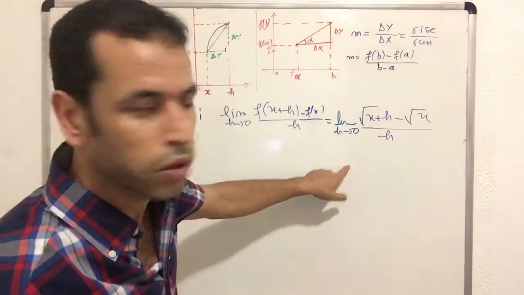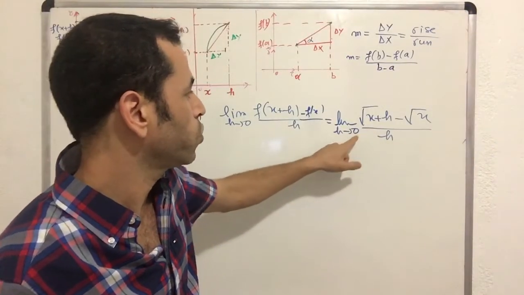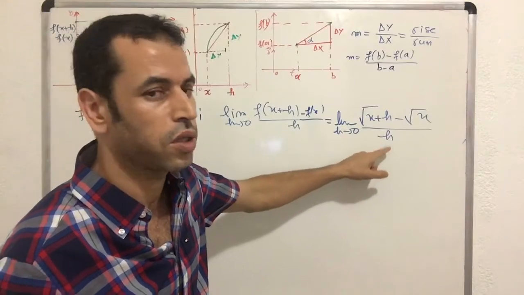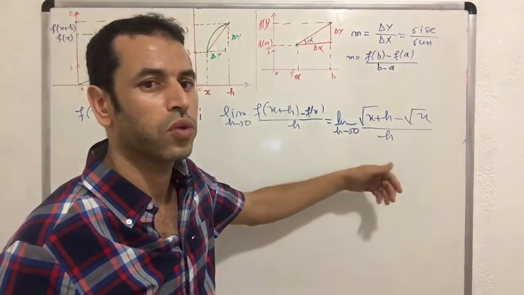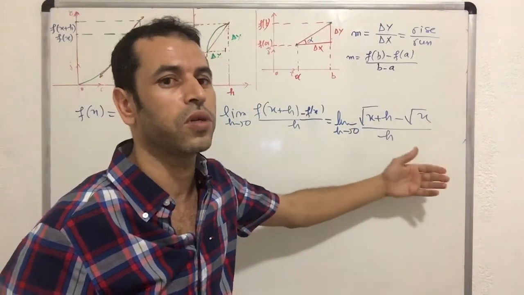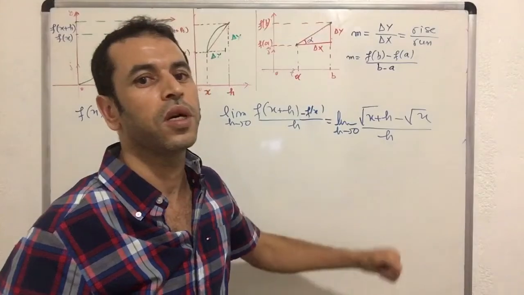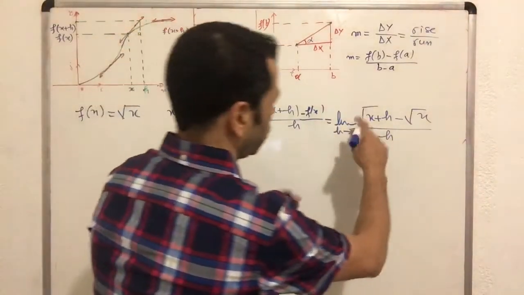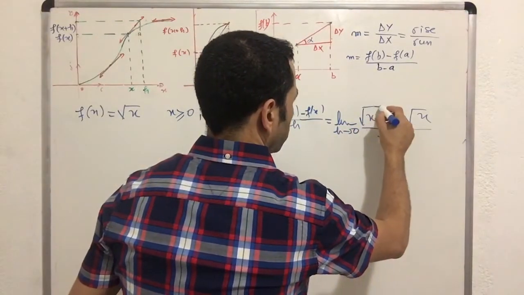Here be careful. Before you start doing anything, change this form; you have to apply the limit first. If you find your limit is an indeterminate value, you have to change the form to another form where we can see more simplification in order to get your limit calculated. So let's plug h into each now. What does it give you here?